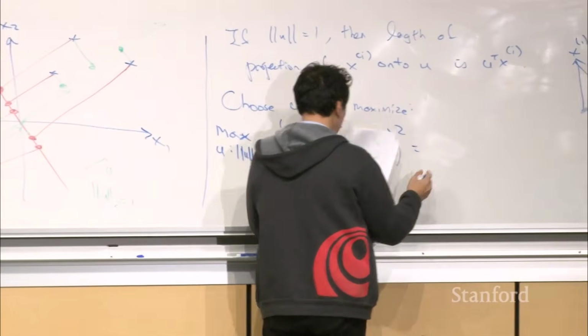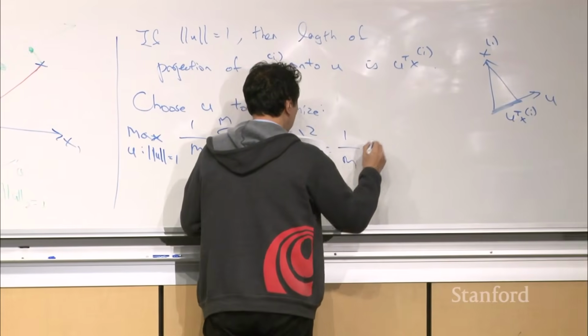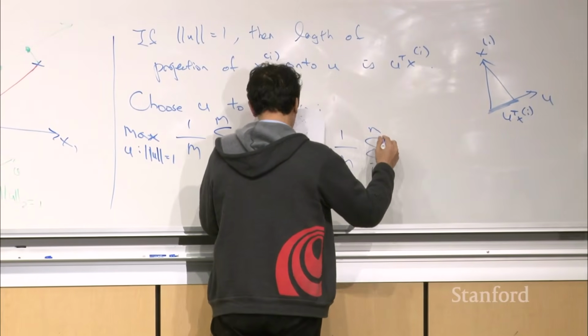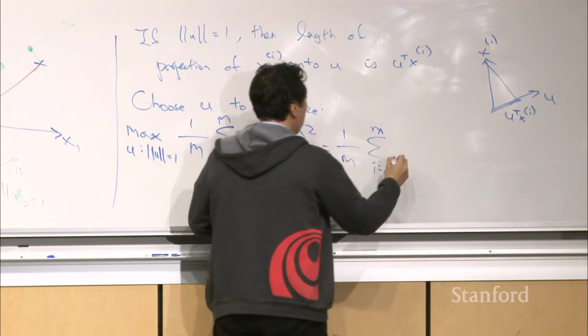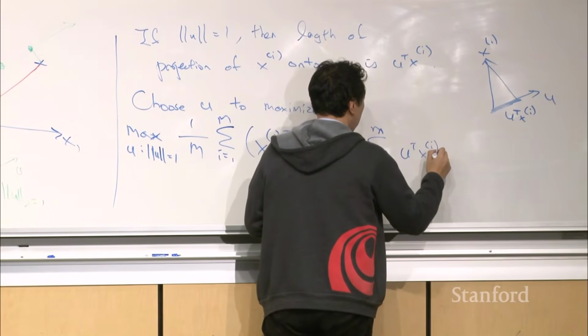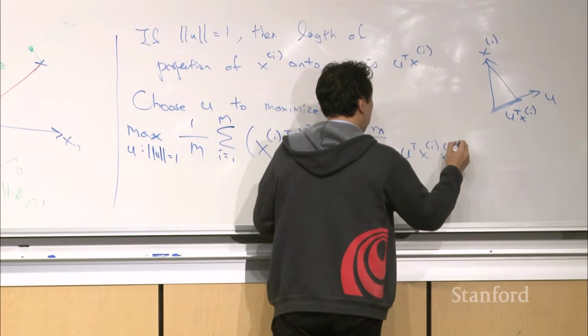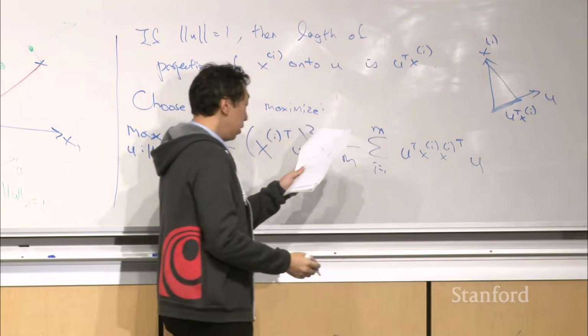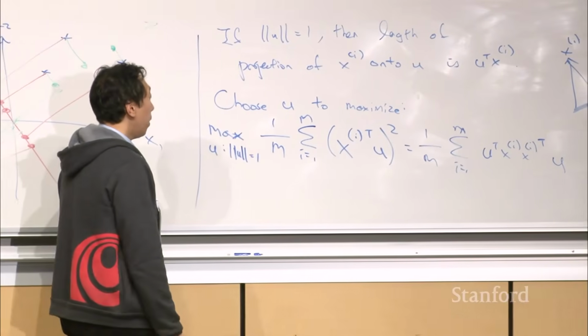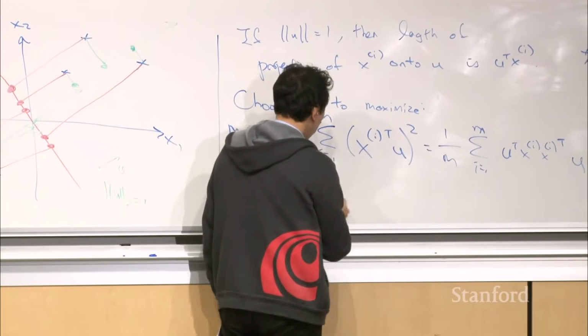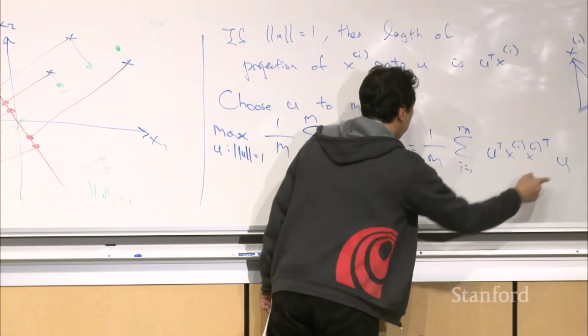So let's expand this out. This term you're maximizing is equal to u transpose xi, xi transpose u. And by linearity, you can pull out u transpose and u.